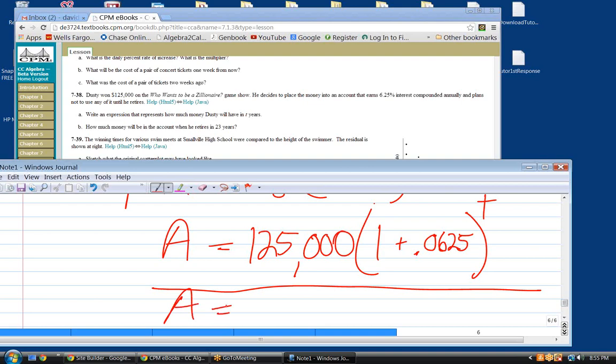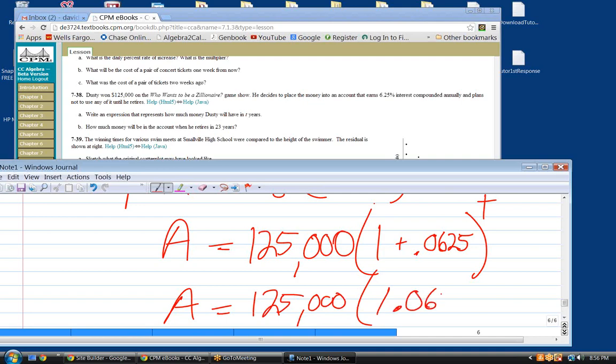So what do I need to write if I want to evaluate this after 23 years? 125,000 times 1 plus 0.0625, and then would T be the 23? Uh-huh. T is the time in years.